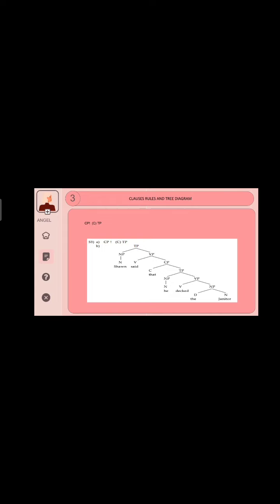Our complementizer is "that," and then the tense phrase is noun phrase, noun he, verb phrase, verb decked, and then noun phrase, determiner the, and the noun is janitor. So the sentence goes, Sean said that he decked the janitor.